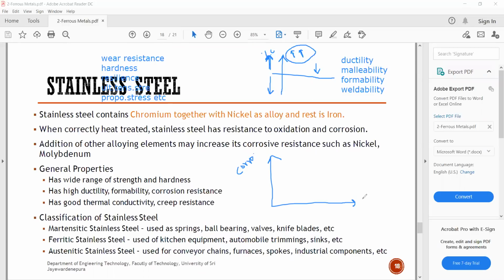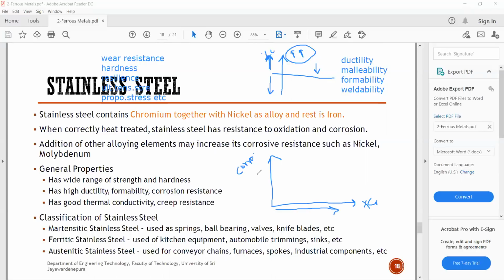And this one is the percentage of chromium, right? Now we will increase the amount of chromium in the stainless steel.